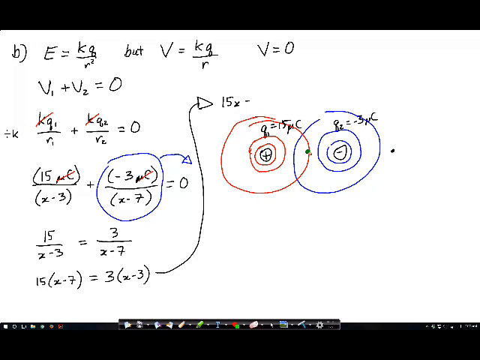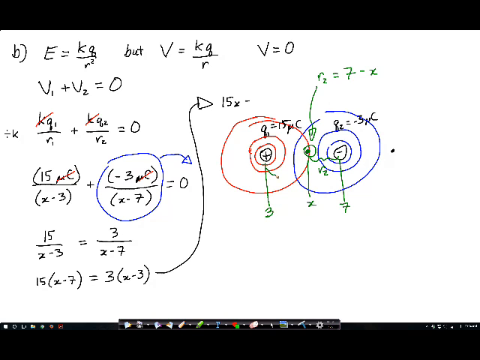But when I have a point in here, then R2, which is the distance between Q2 and the point, would be 7 minus X, because this point would be at X, this point would be at 7, and Q1 would be at 3.